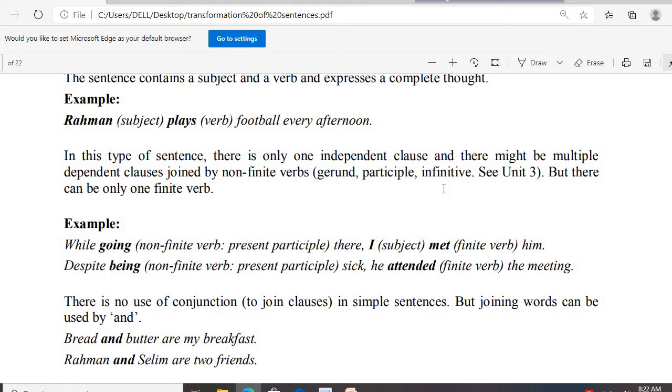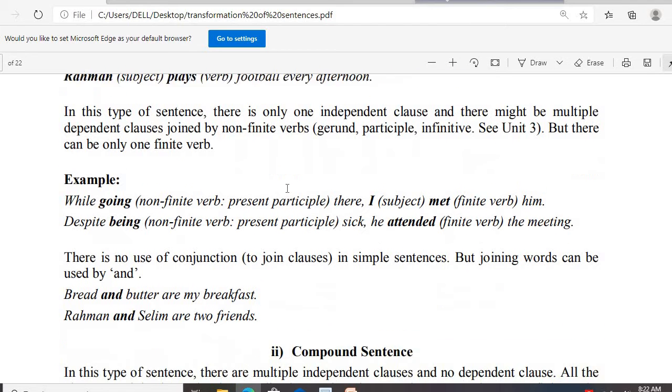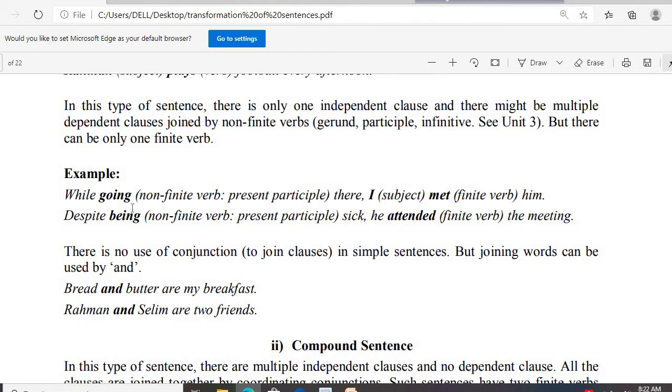So there can be only one finite verb. One thing you have to be very clear about: in every simple sentence there must be only one finite verb, not more than one finite verb, but there may be more than one non-finite verb. For example, while going there I met him.